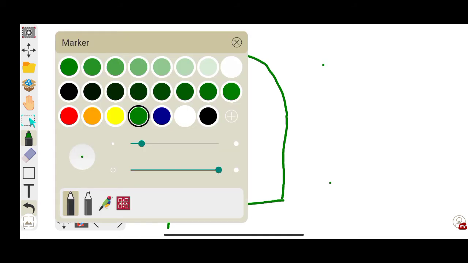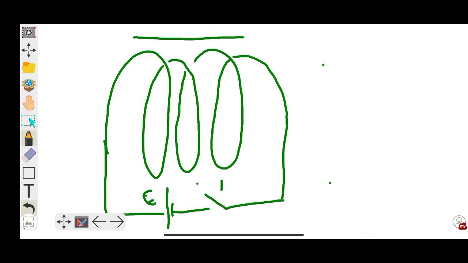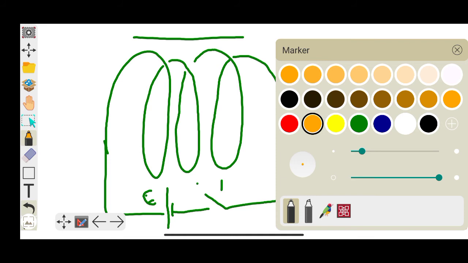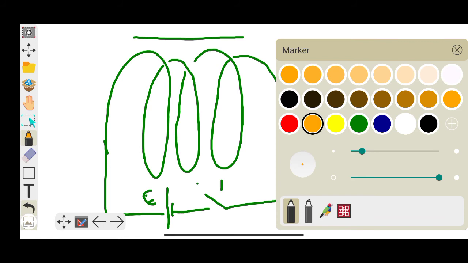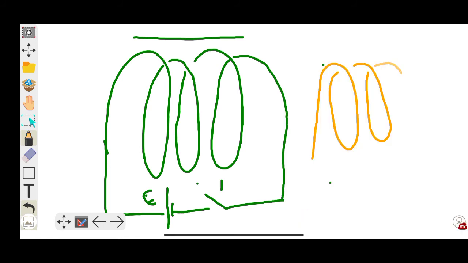I'll show one more coil by a different color so that you can identify the case. Say for example, this is one coil, this is the second coil, and these are the turns of this coil. Let me take again this much only.